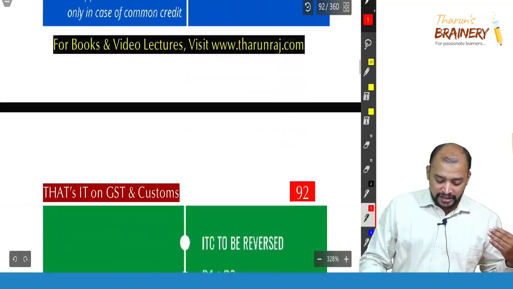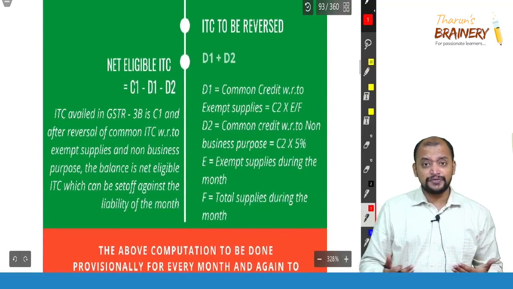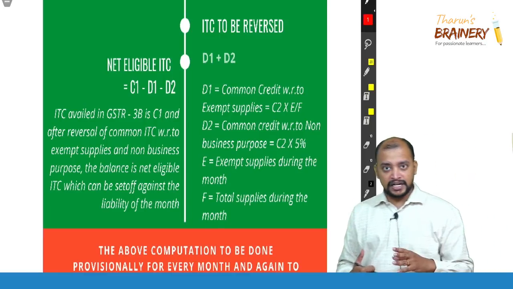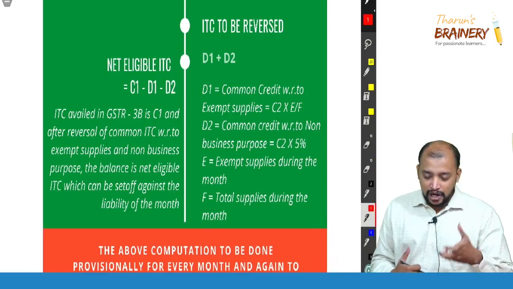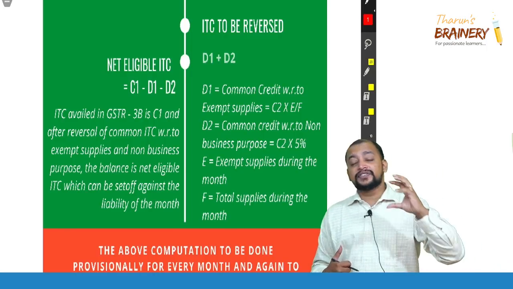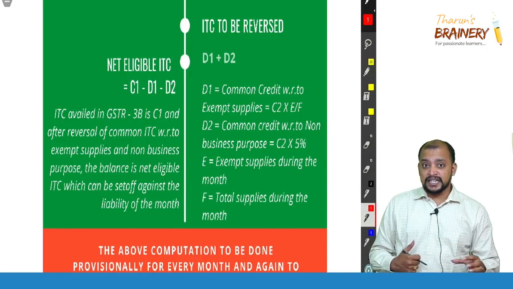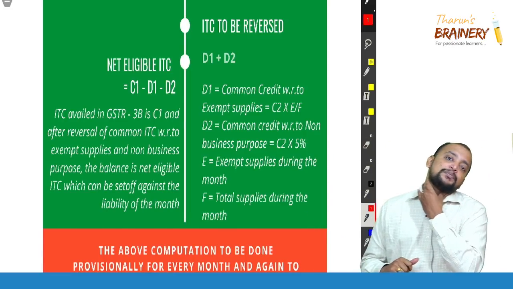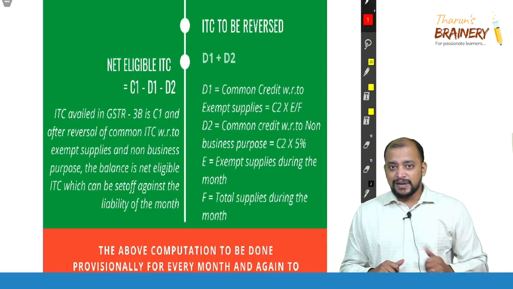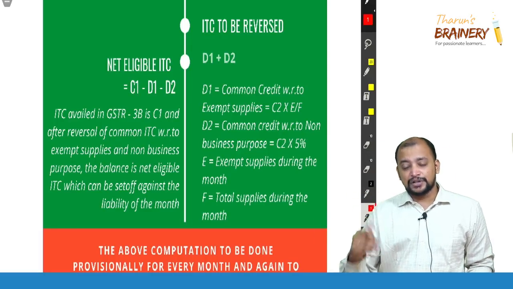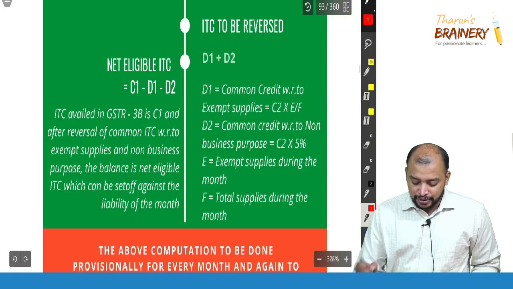If that common credit is used for both taxable and exempted, how will the reversal be? We already did an illustration just now. Total credit we will take, that is common ITC, into exempted by total. In our example, 20 divided by 60, we did something like that. So that 20 divided by 60, exempted to total, gives the common credit attributable to exempted supply.